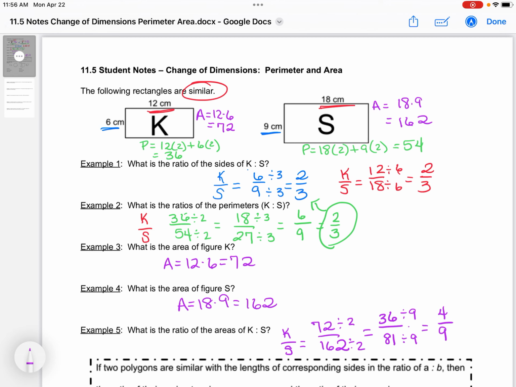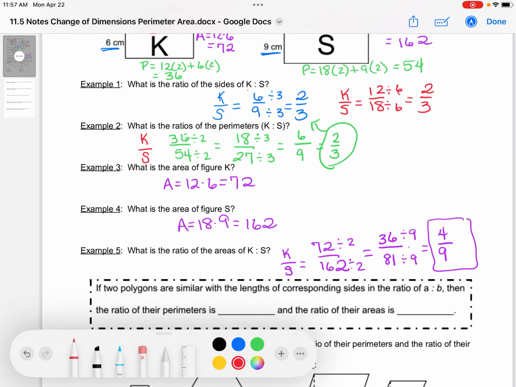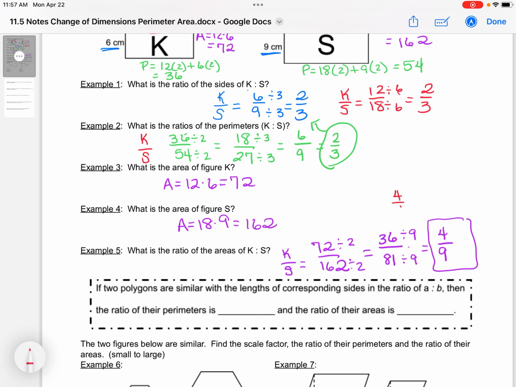4 over 9 should be related to what we got before. So look at this and compare it to 2/3. You hopefully noticed that 4 over 9 is 2 squared over 3 squared. So basically it's the same ratio, it's just squared.